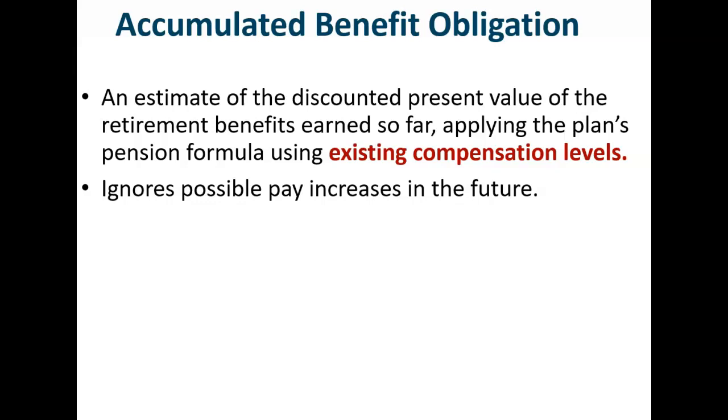When we look at a detailed calculation of the projected benefit obligation later, keep in mind that simply using the employee's existing compensation in the pension formula instead of the projected salary at retirement would give us the ABO. So really the only difference in the calculation between the ABO and the PBO is the ABO uses existing compensation and the PBO uses future compensation.